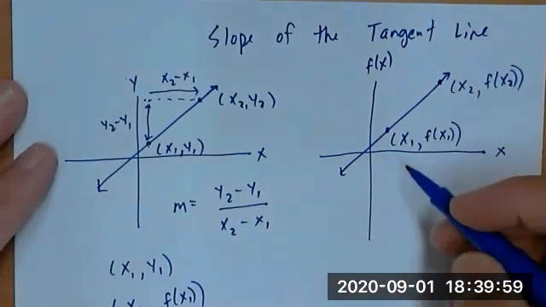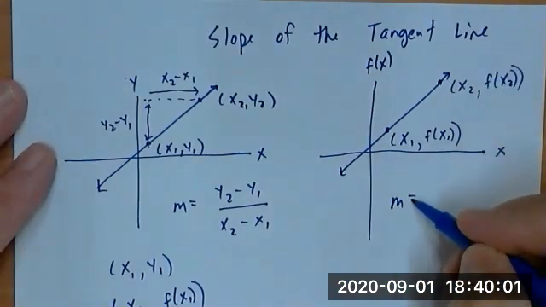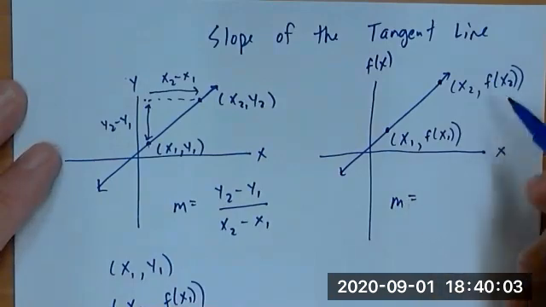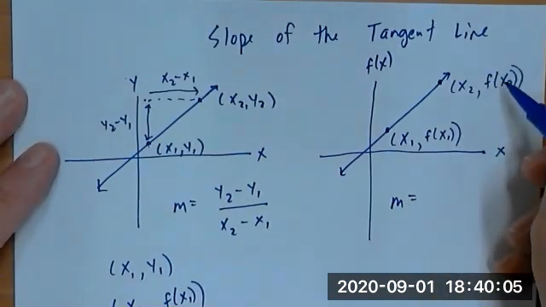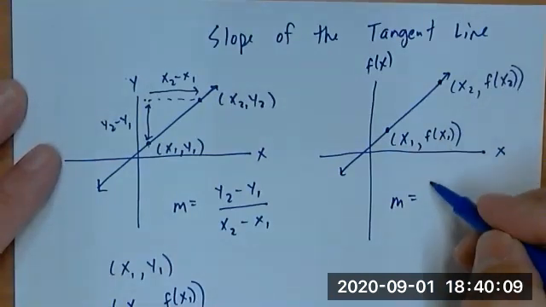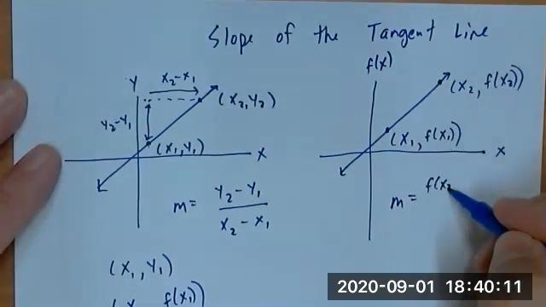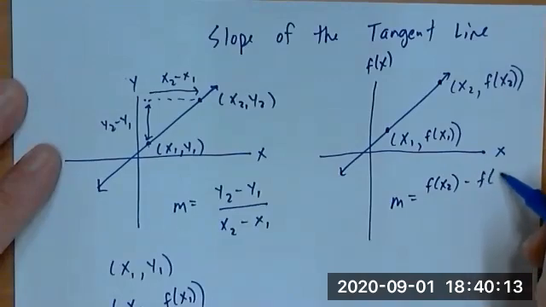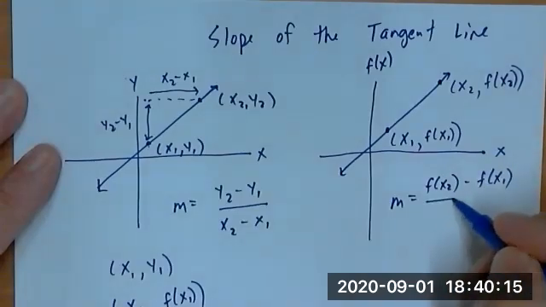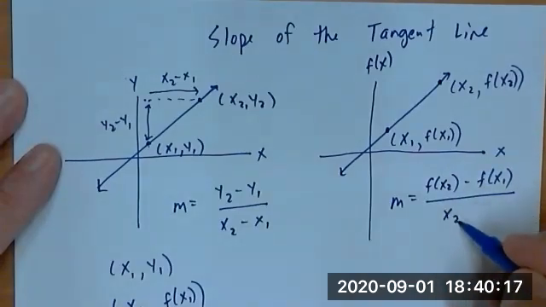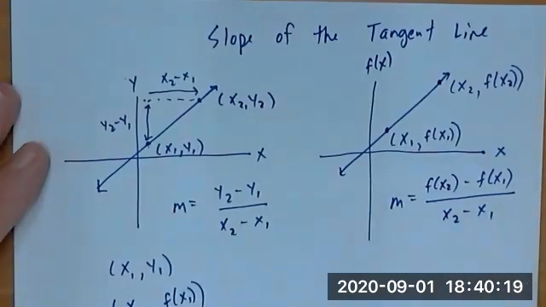Therefore, with this notation, how could I calculate the slope? Well, in a sense, it's y2 minus y1, but of course it's not y anymore, so it would be f of x2 minus f of x1 over x2 minus x1.